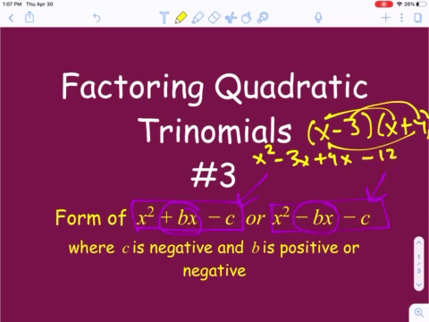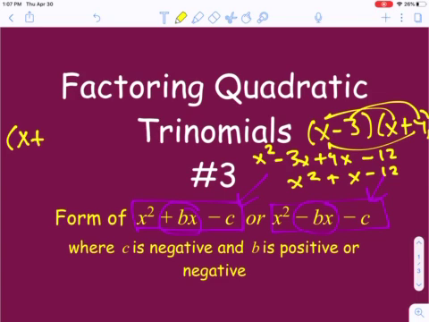All right, so I would add my factors together and get x squared plus x minus 12.